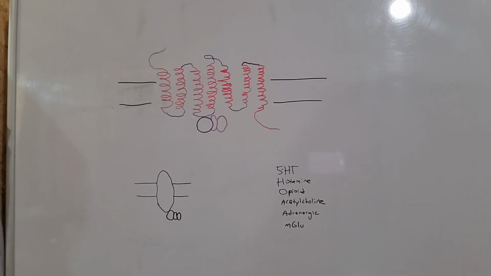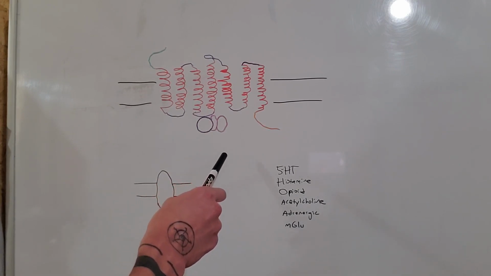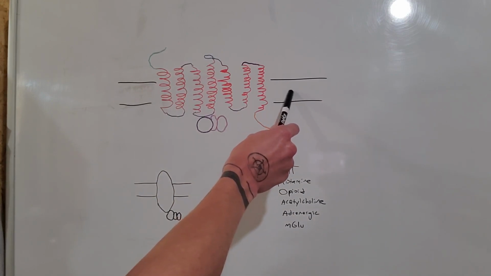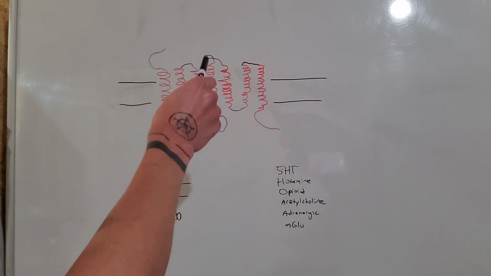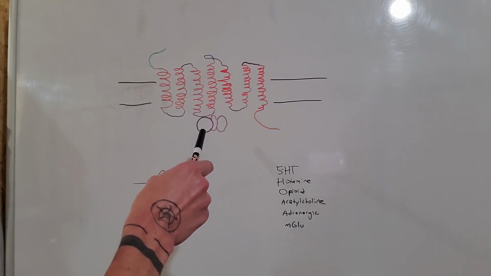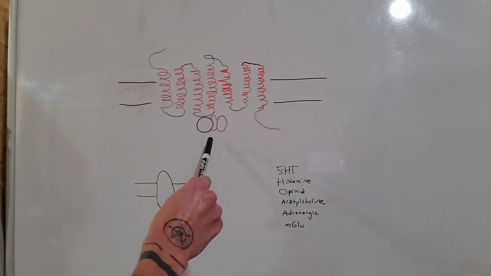So first of all, the structural motif of the GPCR is that it is a heptahelical transmembrane receptor, which means, this being a side view, this is the cellular membrane. So it's transmembrane. It exists through the membrane, and it has extracellular and intracellular portions.